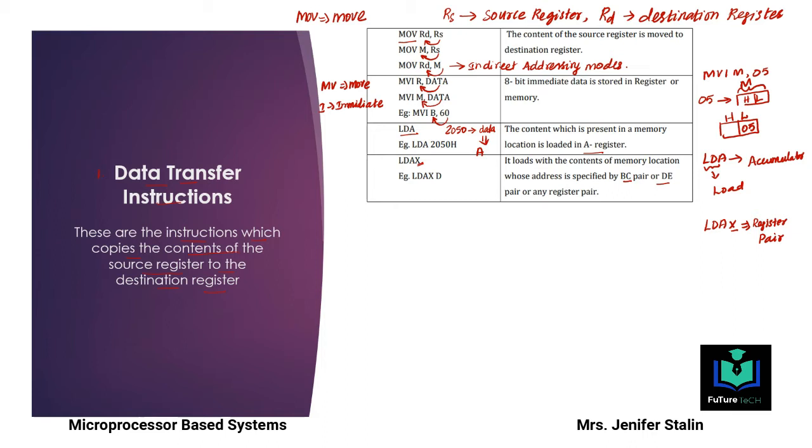So it loads the content of the memory location whose address is specified by the DE pair. At the end of the LDAX operation, D and E point to an address value, let's say 4000. The location 4000 contains a data, and that data will be loaded to the accumulator at the end of this operation.